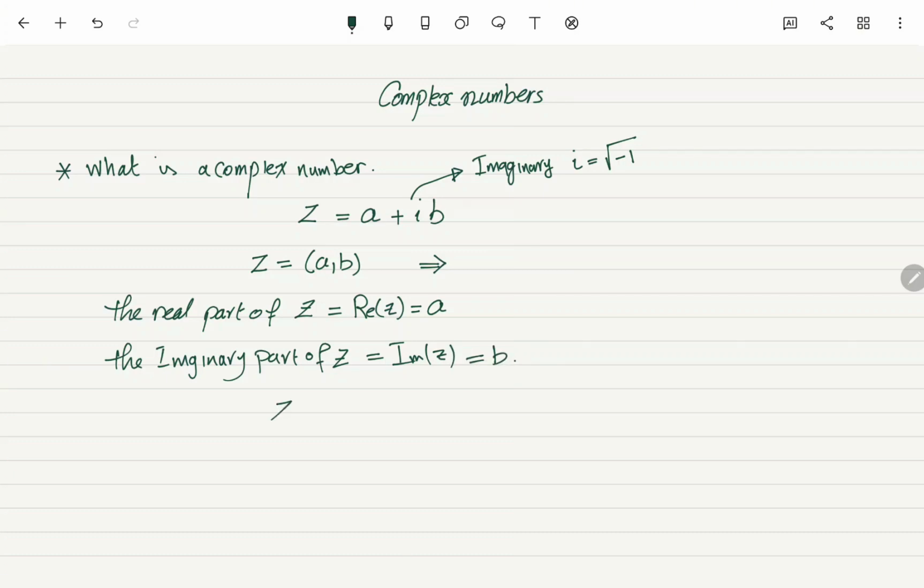So z equals a plus ib. This is the real part and this is the imaginary part. Note that a plus ib is not equal to b plus ia.